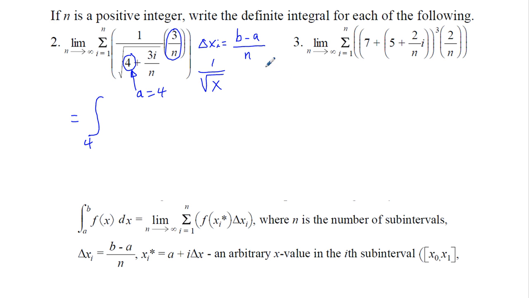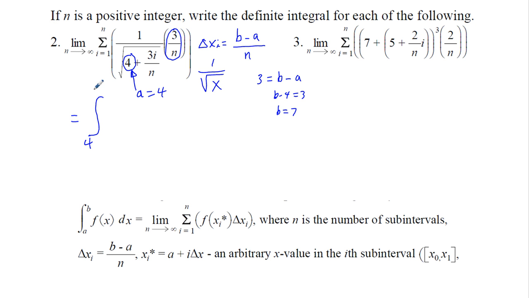So if 3 is equal to b minus a, okay, let's see, then b minus a equals 3, so b minus 4 is equal to 3, so b therefore is equal to 7.